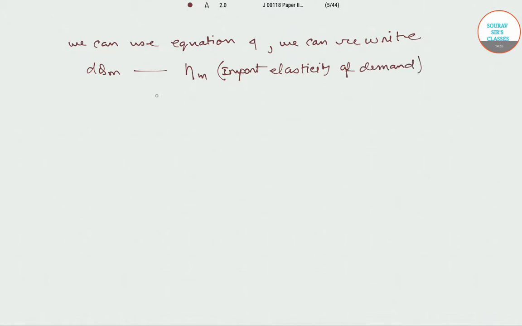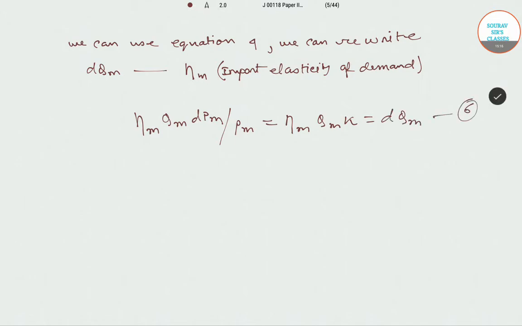So it will look like dpm divided by pm equals to nn equals to dqm. So we will denote it by equation 6.